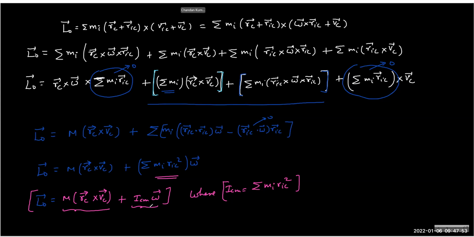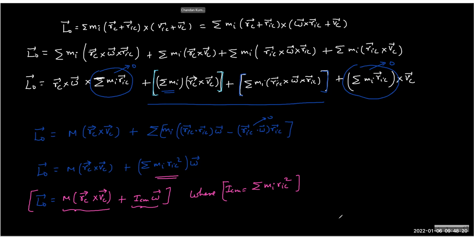This is something new. And if you realize something more, R_C and V_C are frame dependent. So of course, if you change the frame, the first term will change, but the second term is I_CM into omega. I_CM is a fixed quantity, and omega is a property of the body as a whole. And therefore, the two terms have some meaning, which we will try to explore.